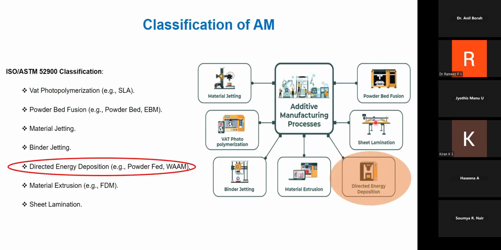Finally, the last technique uses thin sheets. So these 7 are the broad categories of additive manufacturing processes. Among these 7, the very famous method that everyone knows and every institute has is material extrusion type 3D printers, which we call FDM, fused deposition modeling 3D printers.